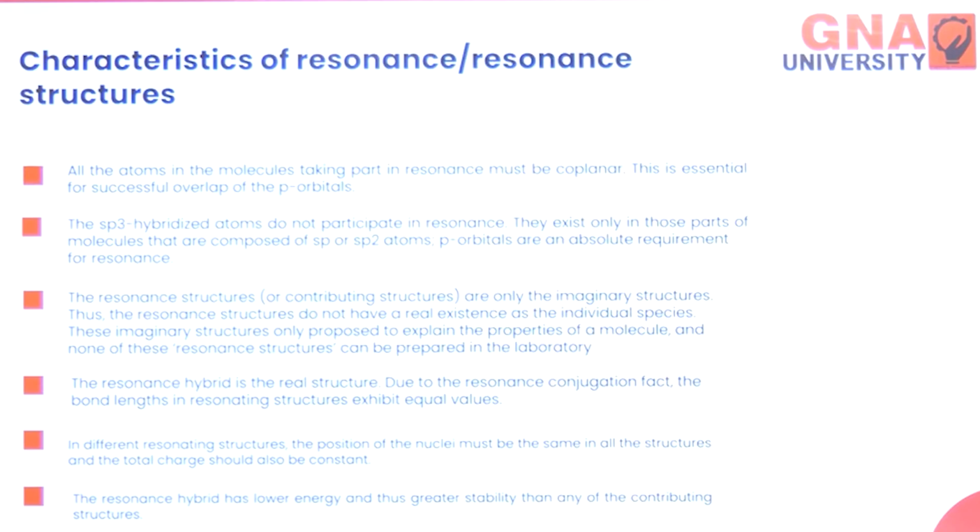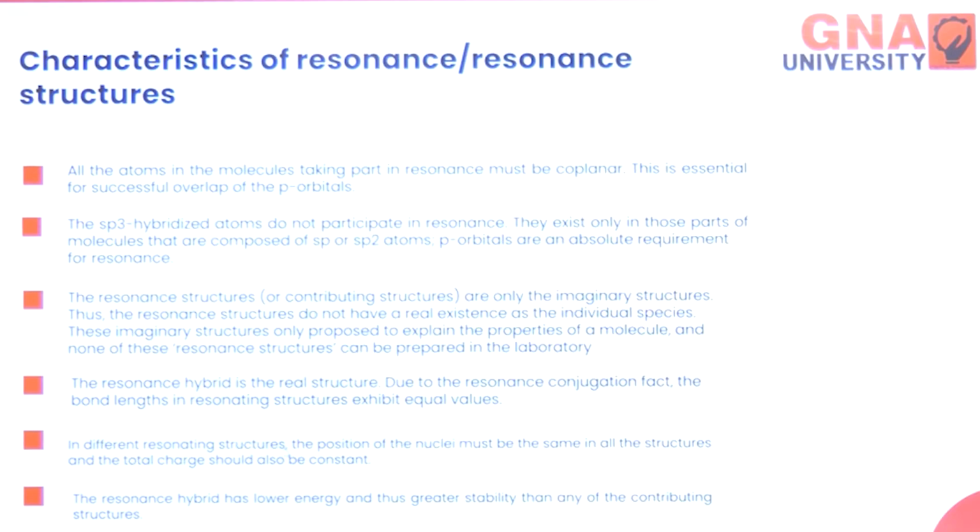Due to resonance, the bond lengths exhibit equal values, as I explained in the earlier slide also, that in benzene all the bond lengths are equal, that is 1.39 angstrom.